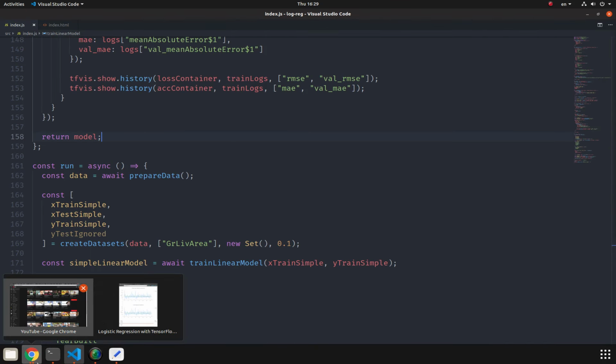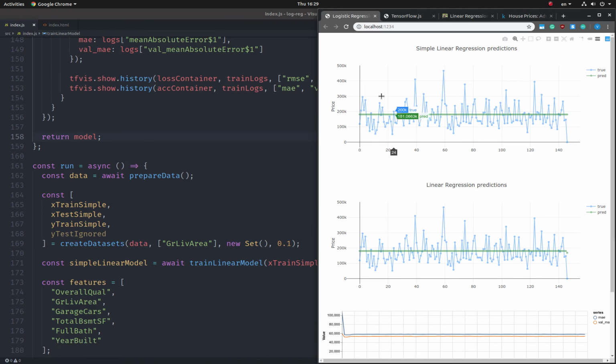So let's have a look at what the charts are showing us. As you can see, the simple linear regression predictions and the linear regression predictions are pretty much identical. So it really doesn't matter, at least in our case, which of those two models you're going to use. Pretty much both of those are predicting a price of 180k for the house prices.